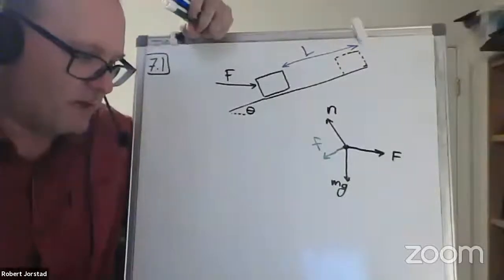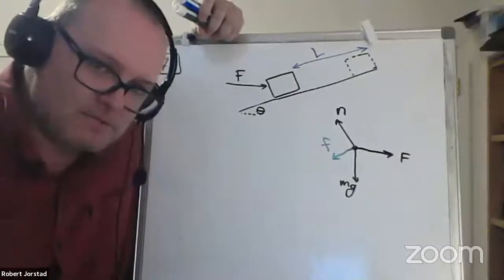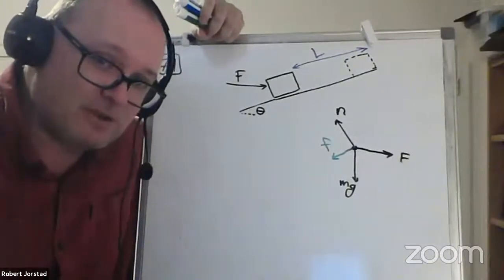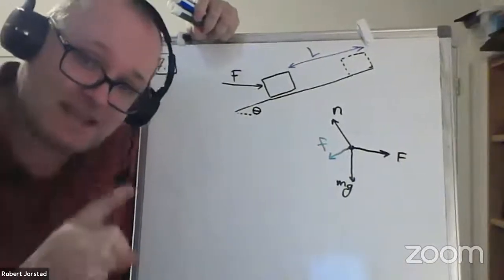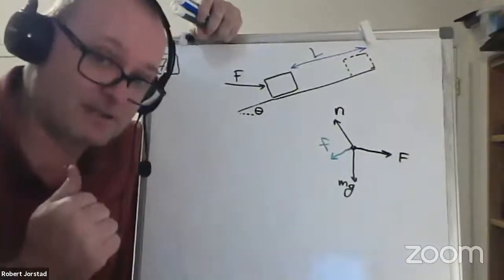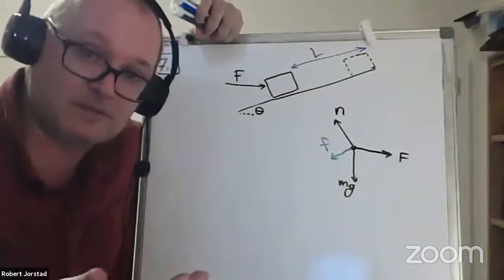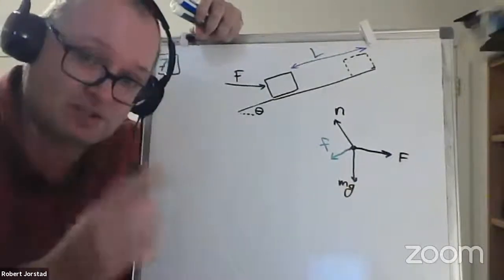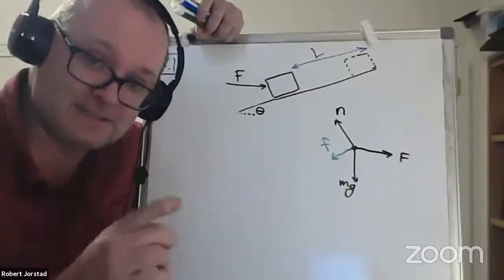So what do you think though? Is it accelerating? We know it's moving, but we don't know if it's accelerating. We know that it's going to move up the plane, but we don't know its initial speed or its final speed. So the safe thing to do is assume it is accelerating, and then we could figure out that value later. But we certainly do not know that a is 0.